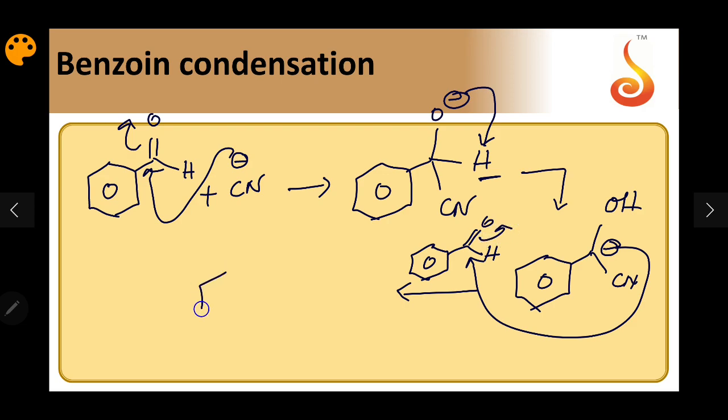So, what do we get? The leaving group is here and O minus is on the other carbon. There is a change of proton, so this will become OH.